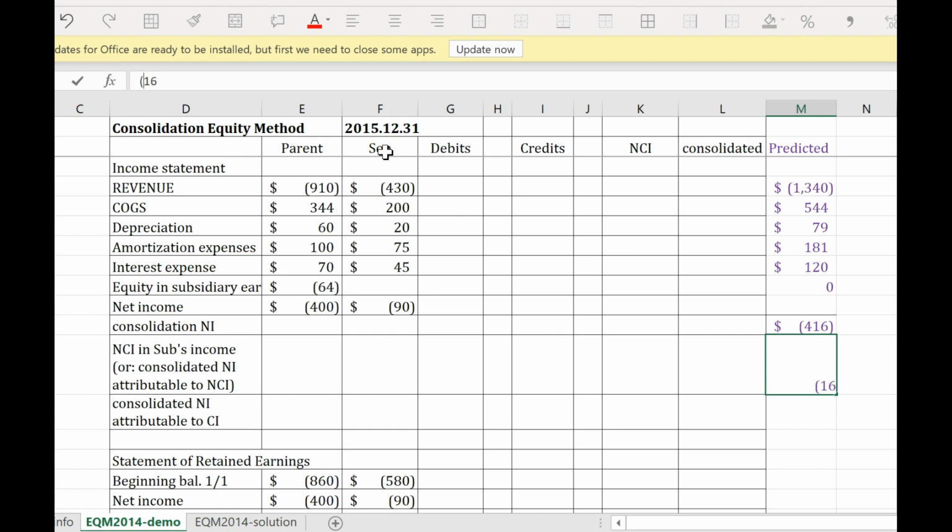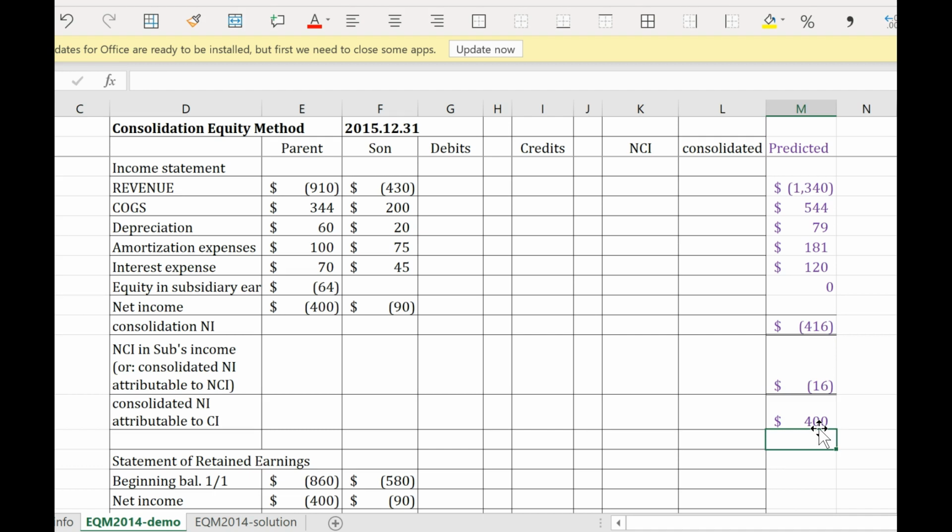I'm going to write it in parentheses, which means a credit. It's a subtract from the 416. So 416 subtract 16, that's 400. Okay.